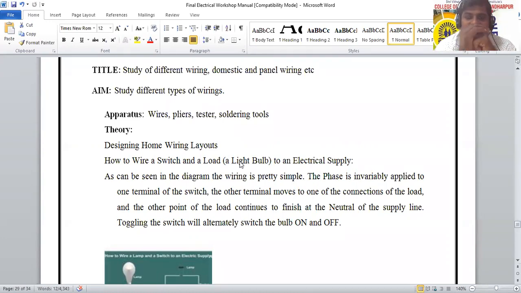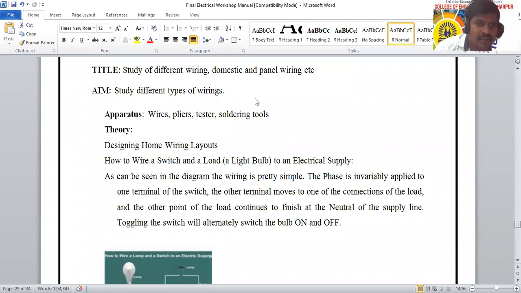If the two switches are connected in series, while the load is in on condition, we want to close all these switches. So if all the switches are not closed, then your load will not turn on, it is always in off condition. Okay, so this is the series connection. And these are the simple types of wiring.